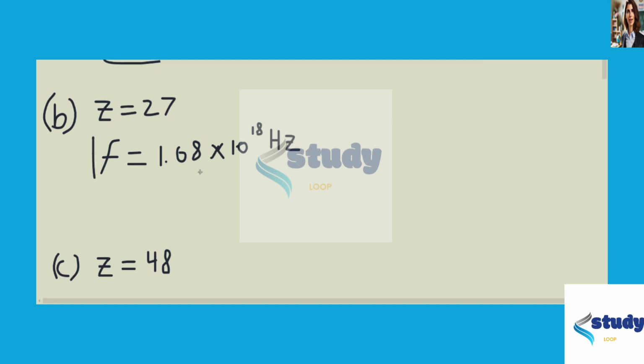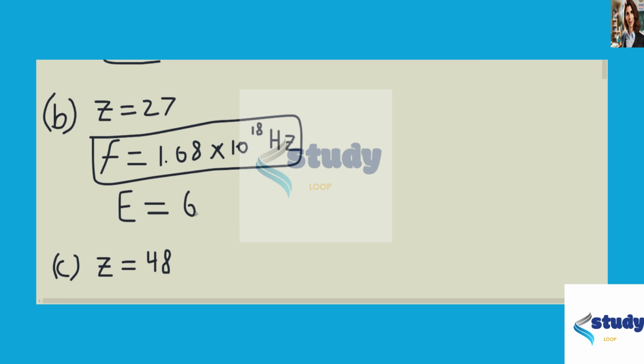Now using the frequency, we can get energy from Planck's constant times the frequency. This gives us a value of 6.93 times 10 to the 3 electron volts, or 6.9 keV. We can box in the second part as our solution.